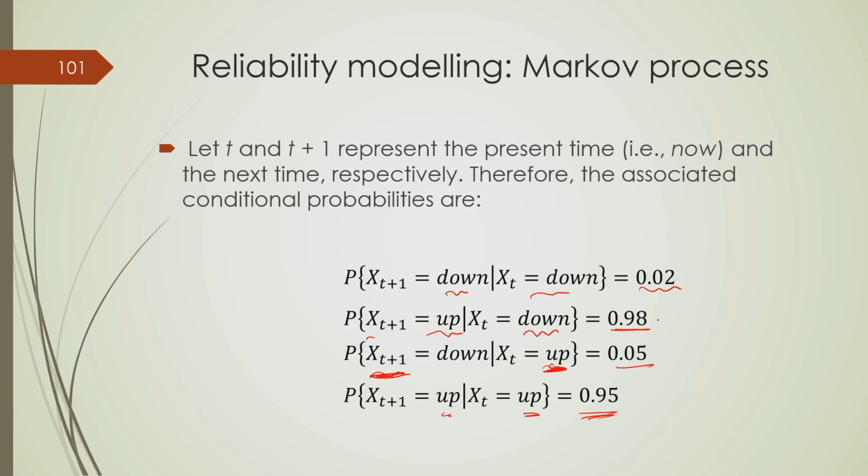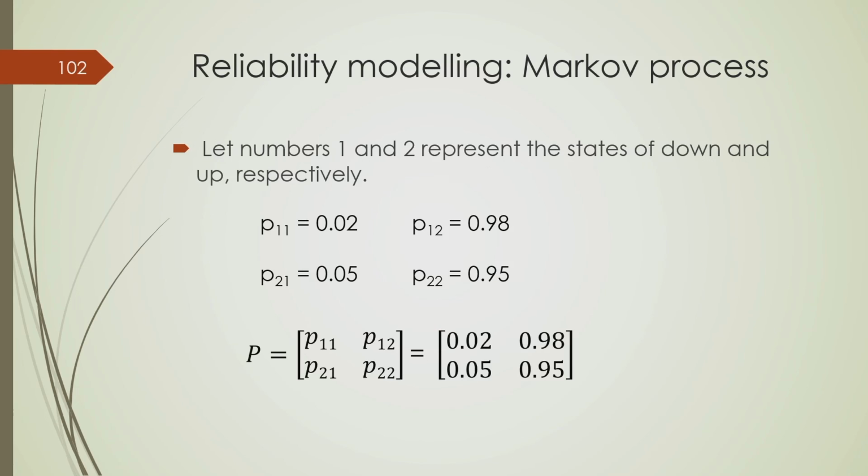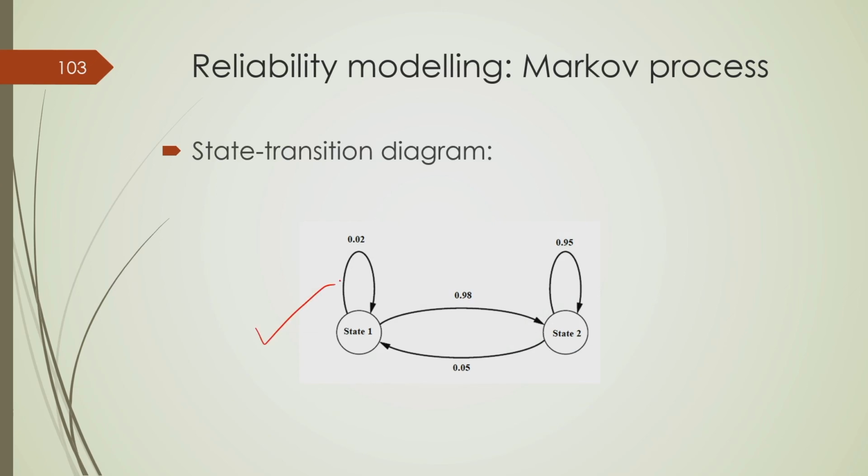Okay. So, these are the elements of the transition matrix, and this transition matrix will look like this, where this represents the transition probability to stay down for those who were down before, and this is the probability to switch from down to up. Okay. Similarly, this is the probability that those who are up will go down, and these are the probabilities that those who are up will stay up. Okay. Now, this is the transition diagram.